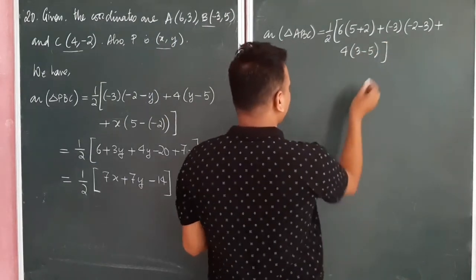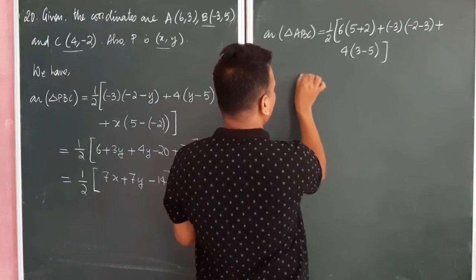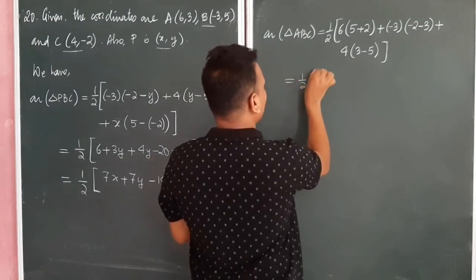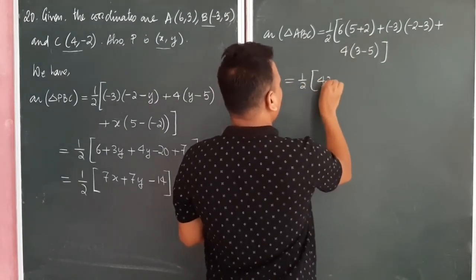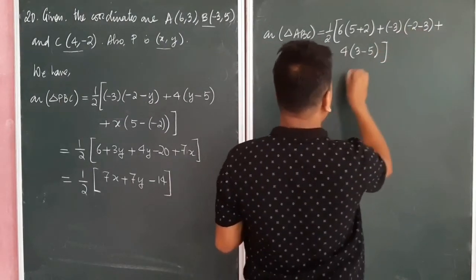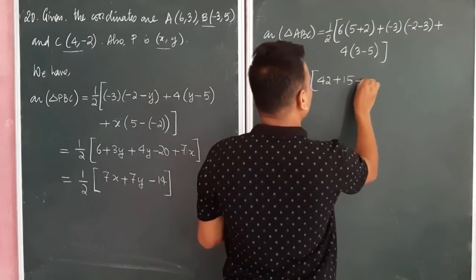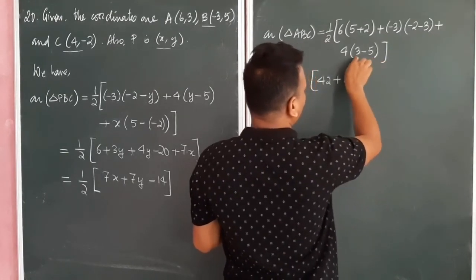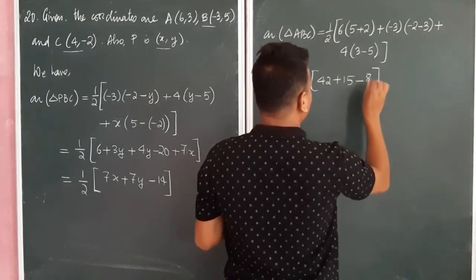Let us simplify this quickly. So we have half into 42, minus becomes plus 15, right? Similarly we have minus 2 minus 8.